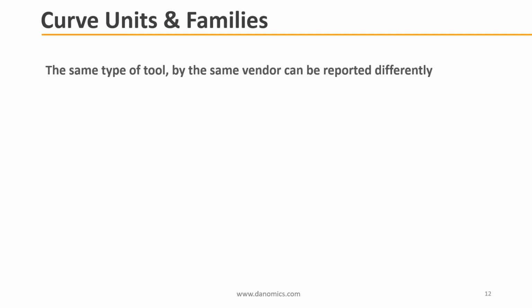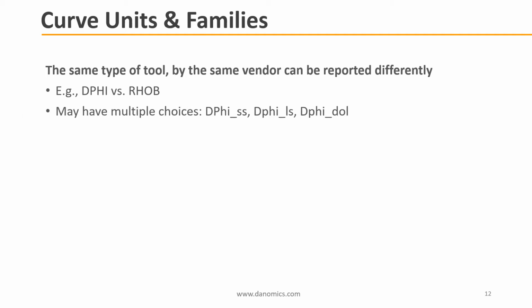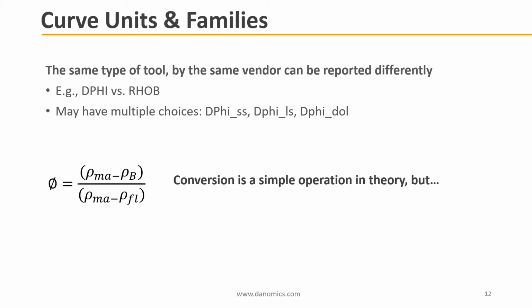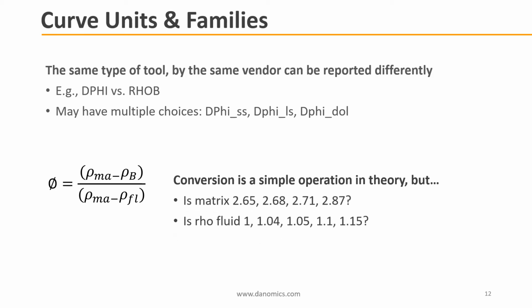So when it comes to curve units, along a similar line, we have the curve family. This is when we have the same type of tool, but the vendor reports it differently. So for example, when we have a density porosity versus a bulk density, and this is something I've already mentioned, you may have multiple derivations available. So your density porosity, sandstone, limestone, or dolomite. And even though the conversion may be a simple operation in theory, a lot of times there are a lot of things that go into this.